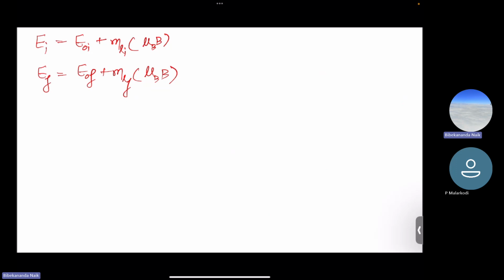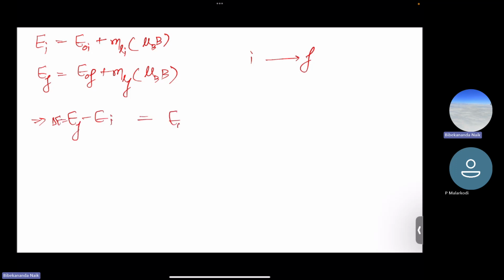So EI was equal to E0I plus MLI mu B, and EF is equal to E0F plus MLF mu B. Now when the transition occurs from I to F, delta E will be EF minus EI.